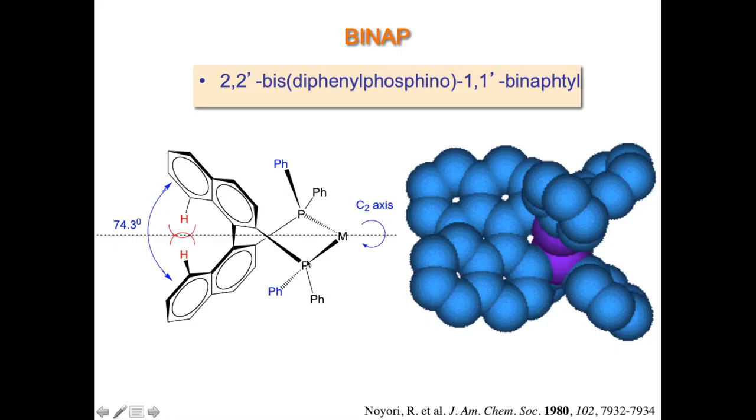It attaches to a metal, it bites onto it from two phosphorus atoms. But since these two naphthalene groups are attached to each other, and again, that steric hindrance from those two hydrogens causes them to sort of skew a little bit like that.